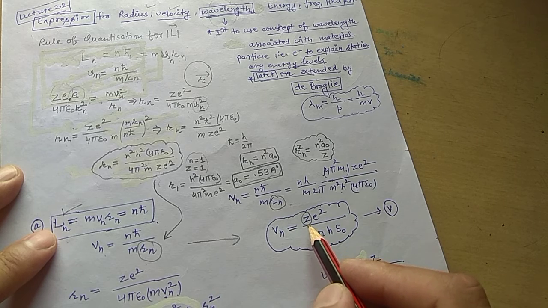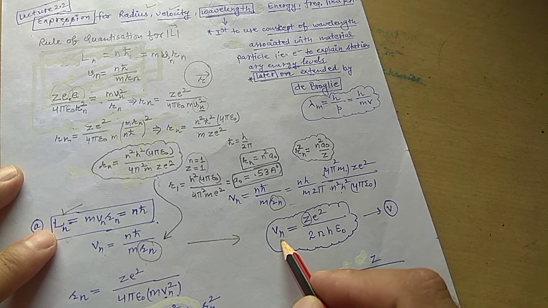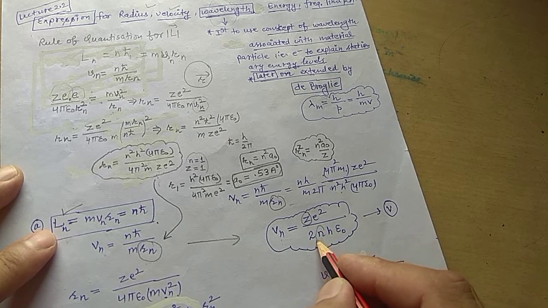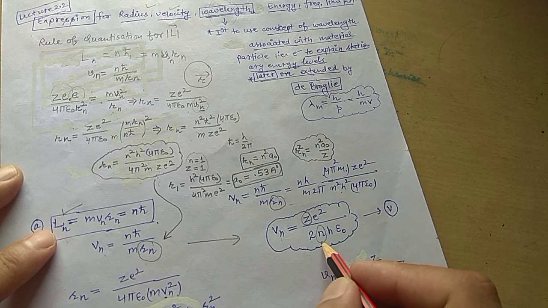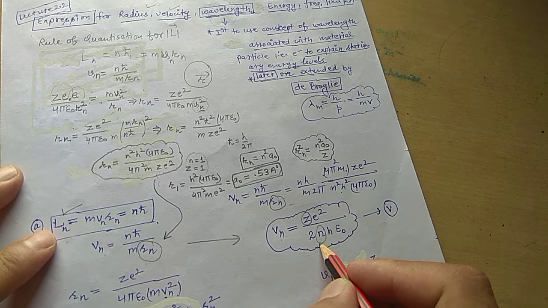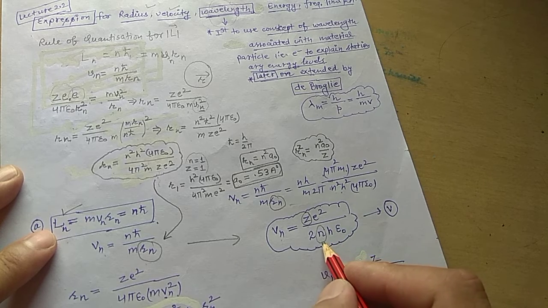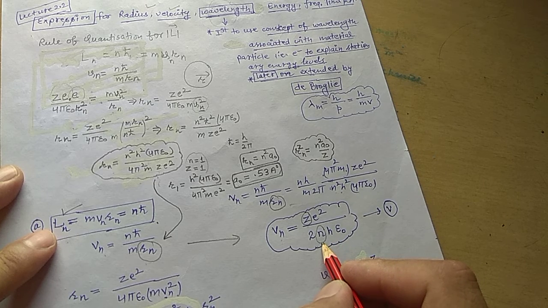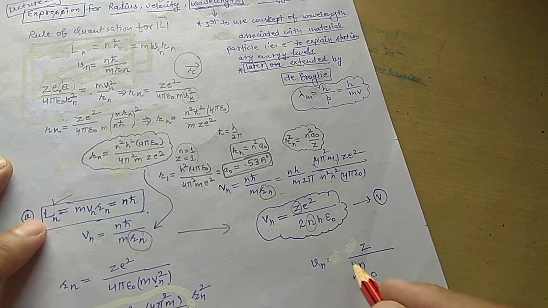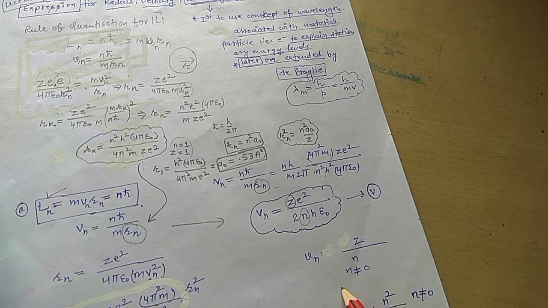If the atomic number increases, the velocity will also increase for a particular orbit, and it is inversely proportional to the quantum number. If the quantum number increases, then the velocity will decrease.